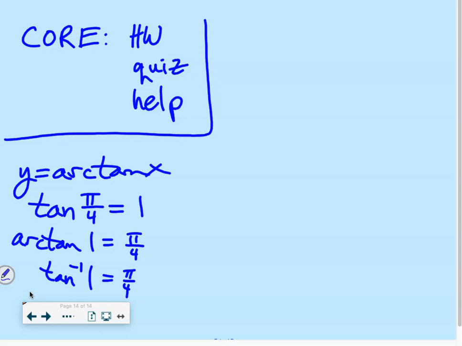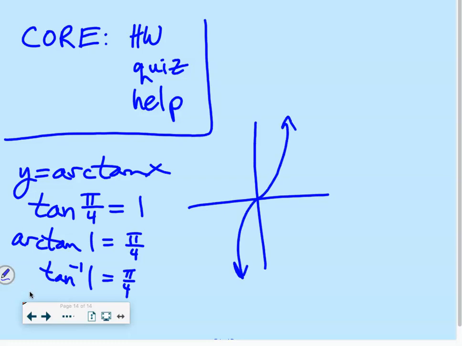Now, on the graph, tangent looks like x cubed, but it's repeated a bunch. So this is tan. This is negative pi halves. This is pi halves. In order for arctan to be a function, do you know when you do an inverse that you rotate and flip? You guys know that? Okay.